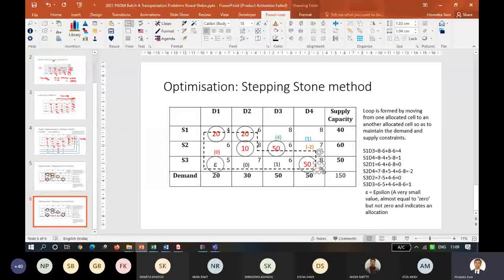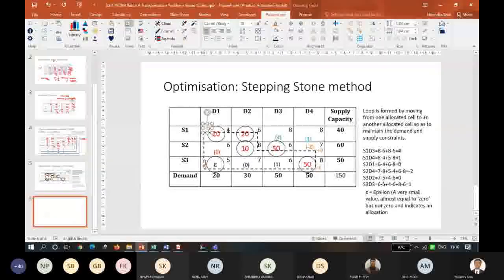And if I'm subtracting it here, I will have to add it here. If I add it there, I'll have to subtract it here. Correct?